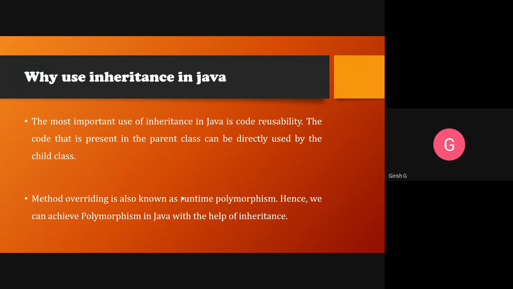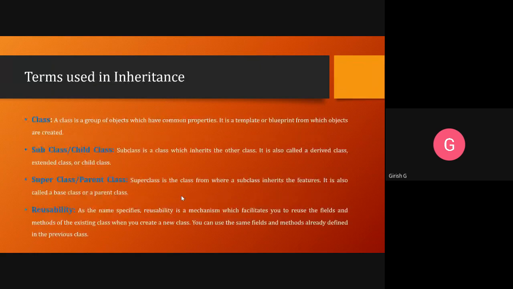We can make use of the existing ones. Also, method overriding, known as runtime polymorphism, lets us achieve polymorphism in Java with the help of inheritance. We will discuss polymorphism in later stages after inheritance. Now we know why we use inheritance.